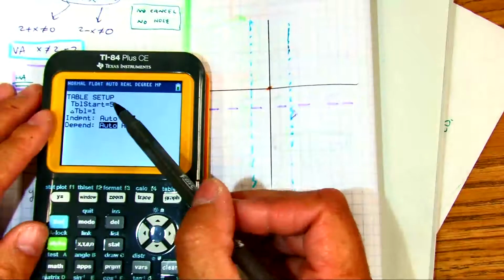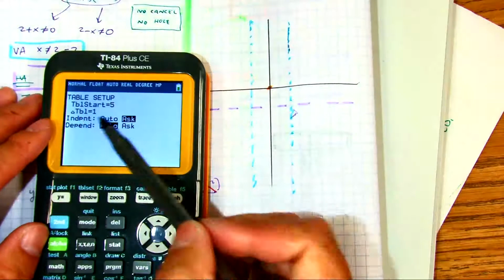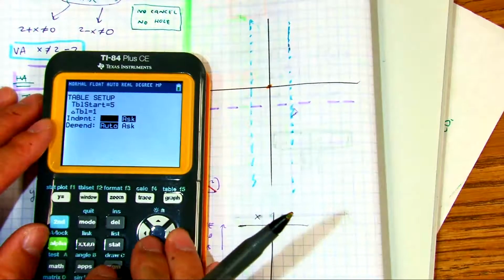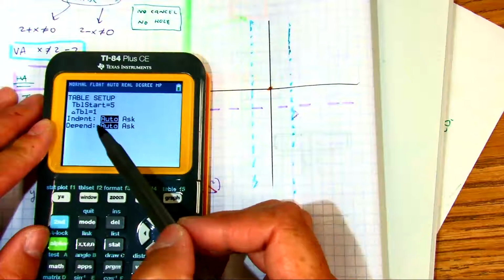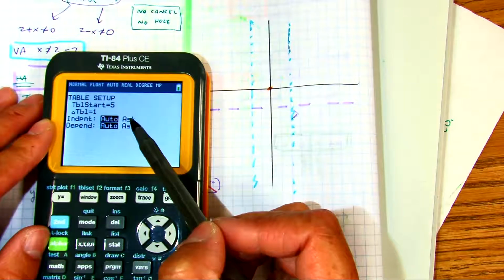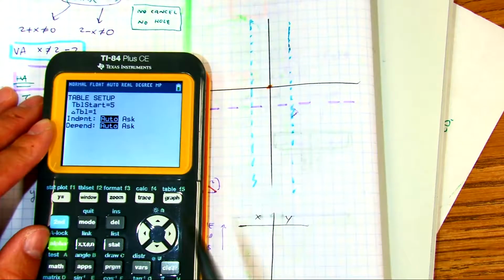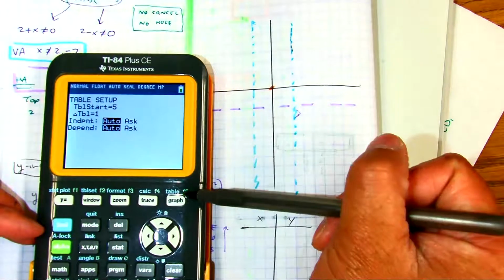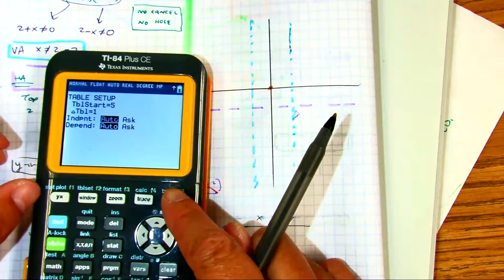I do want the table to change by ones. You can do auto and auto or ask and auto. It basically says, do you want to automatically figure out x values for you, or you put in the x values? Dependent means I want answers automatically done for me. Does that make sense? Now I'm going to go to table, which is second graph. So go ahead and press that.